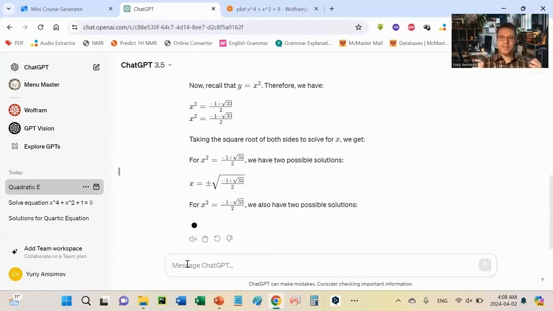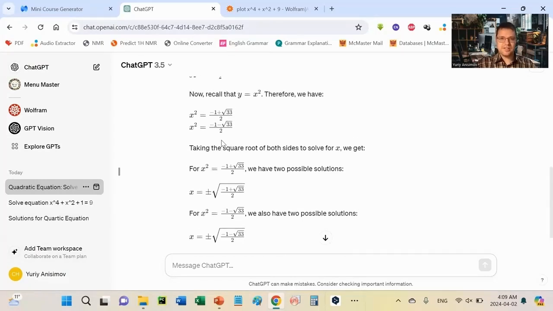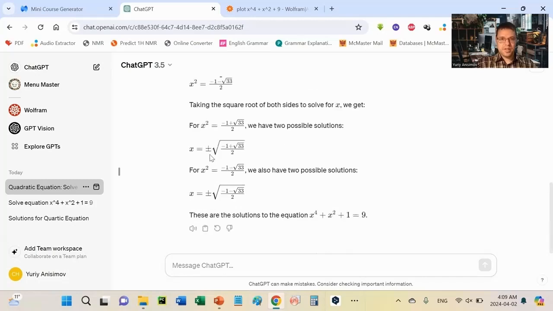So first what we can see here, GPT 3.5 is faster. And look, the solutions are exactly the same. So here we have two real solutions, and then these two solutions are imaginary. However, 3.5 does not mention the imaginary unit. It didn't mention it here, but we see that the expression under the root is negative, right?